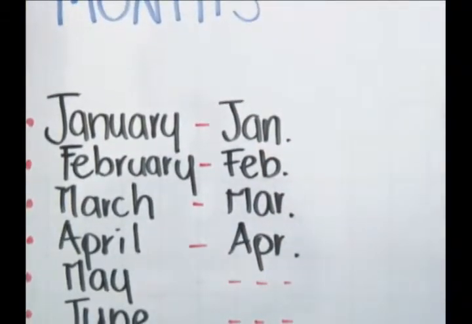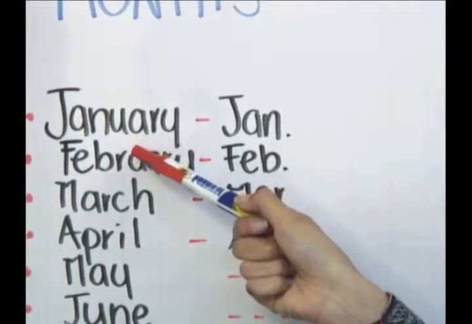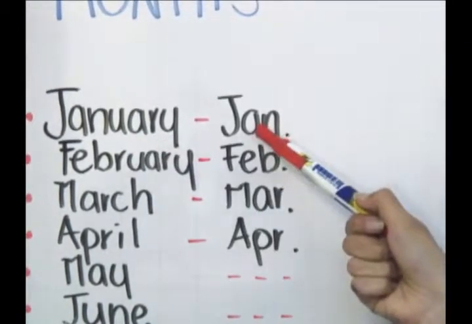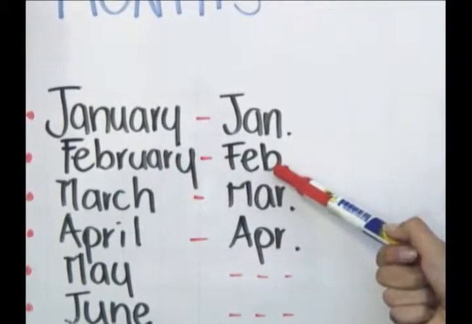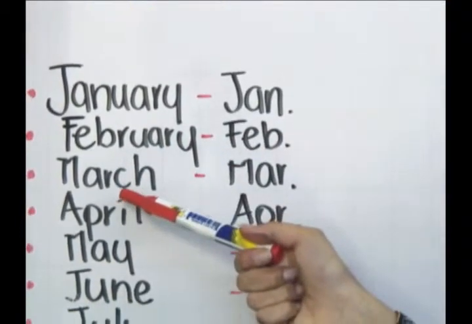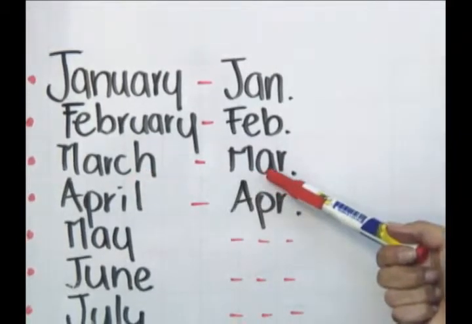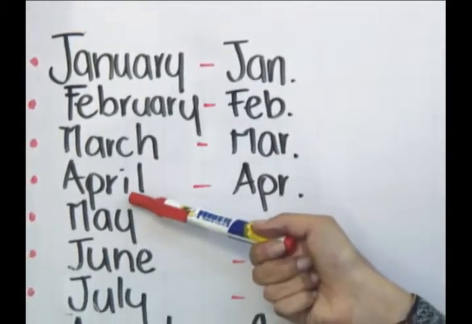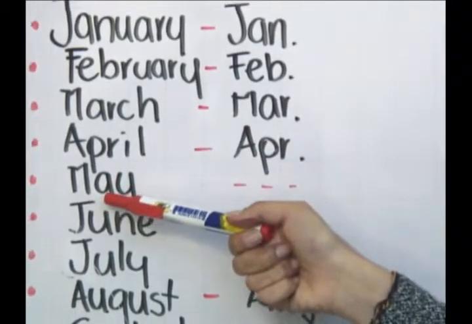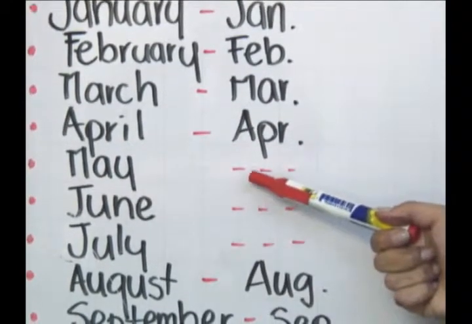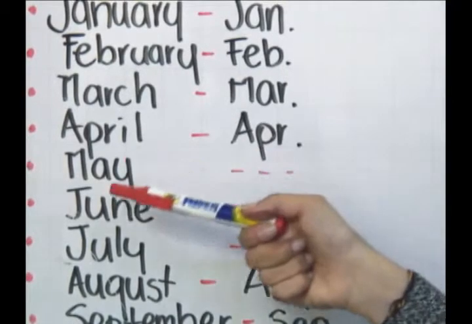So let's practice. January, Jan. February, Feb. March, Mar. April, April. May, and no contraction because it's too short.